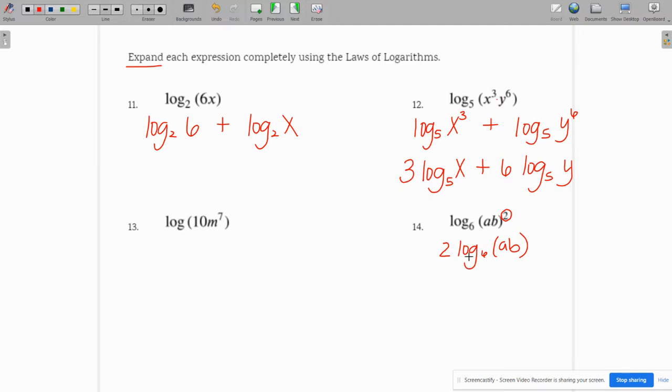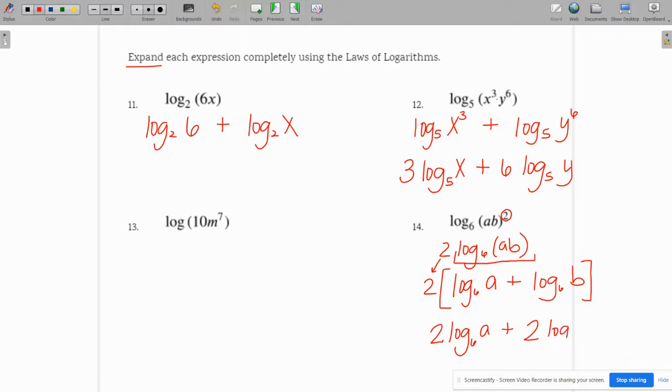And then I can take log base 6 of AB, just this part here, and I know that this is log base 6 of A plus log base 6 of B. But remember, this whole thing was being multiplied by 2. So it's like it's in parentheses here, or in brackets, being multiplied by this 2. So if you were to distribute it, you could think of this as 2 times log base 6 of A plus 2 times log base 6 of B.